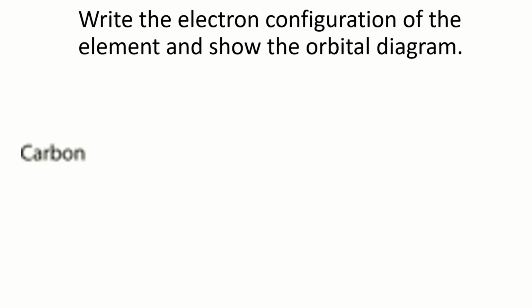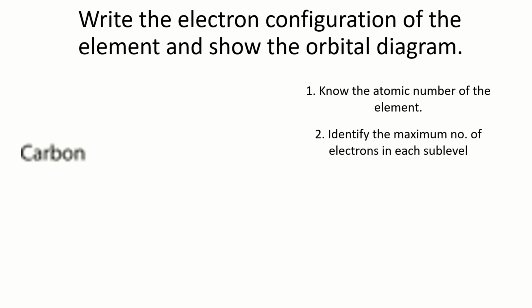Okay, let's check your understanding. Write the electron configuration of the element and show the orbital diagram. Let's have carbon. Remember, the first step is to know the atomic number of the element. Second step, identify the maximum number of electrons in each sublevel.